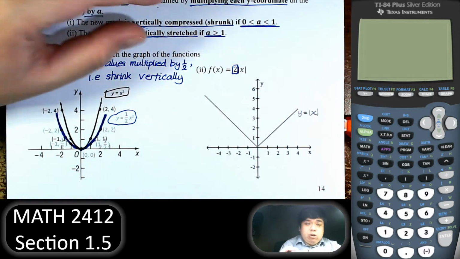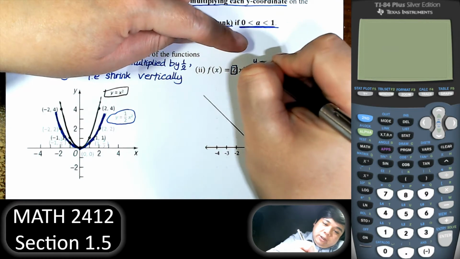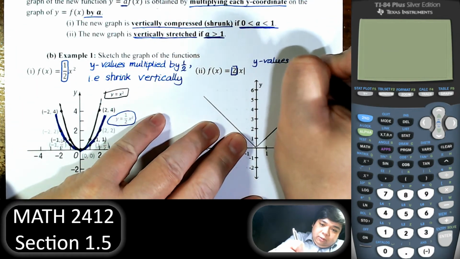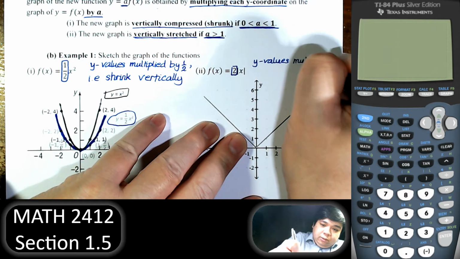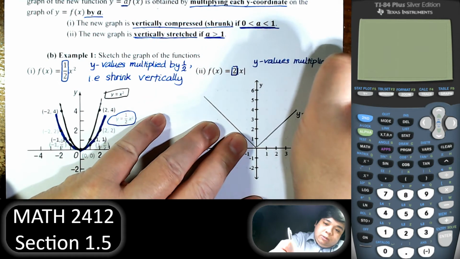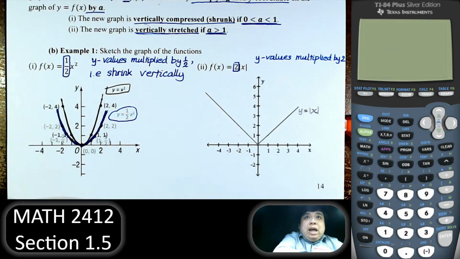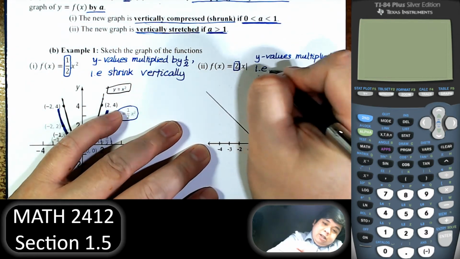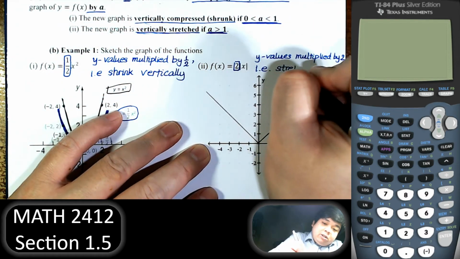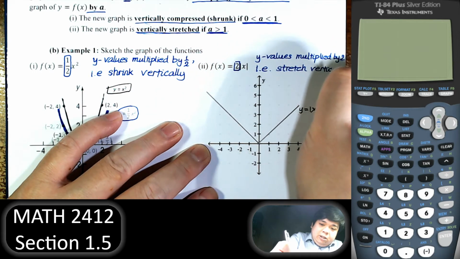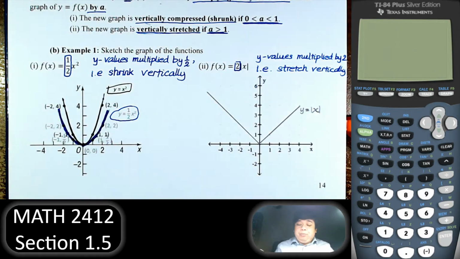So all the y values are multiplied by 2. Now if we have a number multiplied by 2, certainly that will get bigger, right? If we have a bigger number, that means this is going to be stretched because we make things bigger. Stretch vertically.